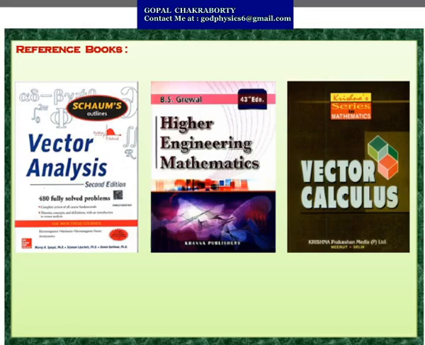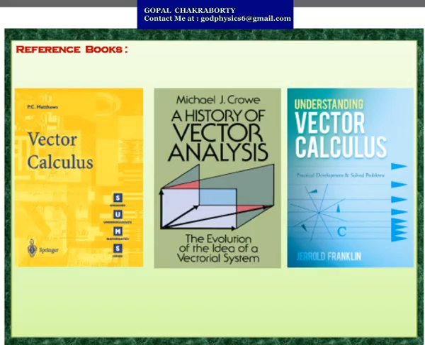Now the reference books are Vector Analysis by Spiegel, Higher Engineering Mathematics by B.S. Grewal, and Vector Calculus from Krishna Publication. You can also consult these books as your reference or to solve more numericals on this vector chapter.